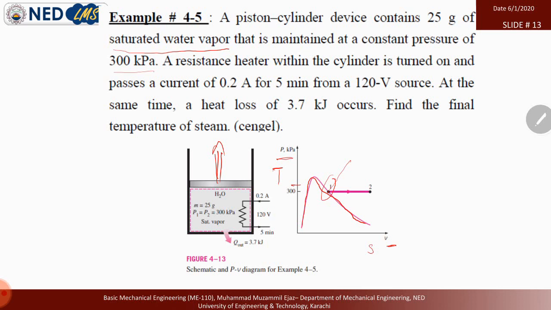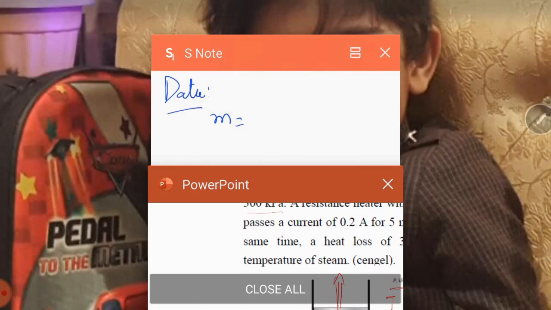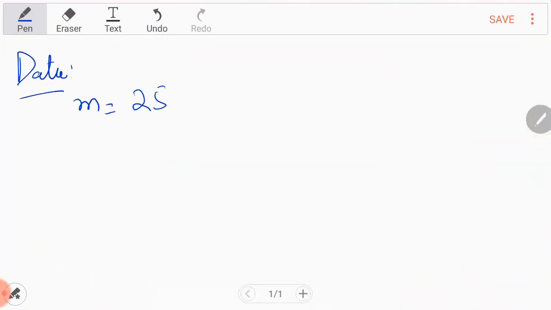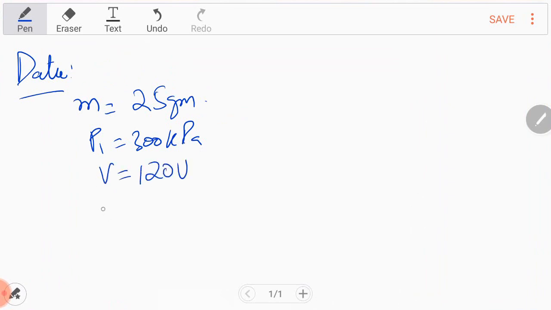So we write this on here. 25 gram, P1 is 300 kilopascal, and we have a voltage source of 120 volt.